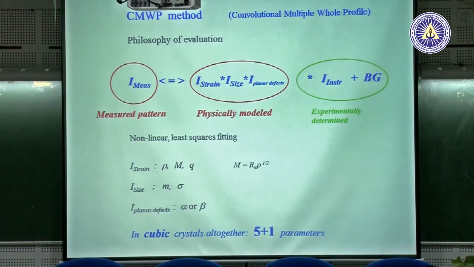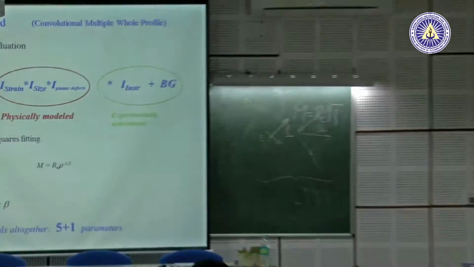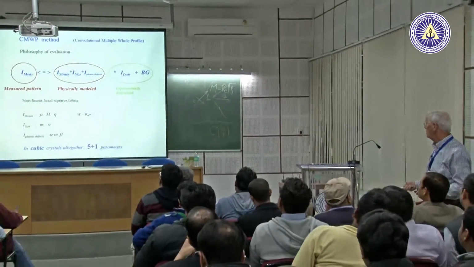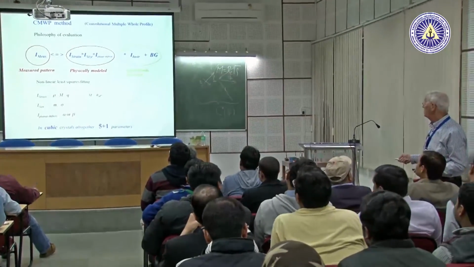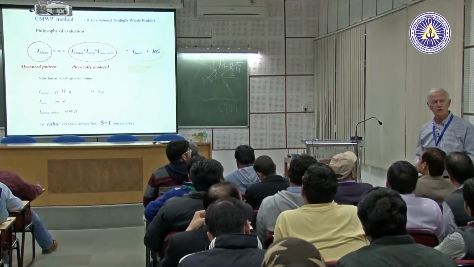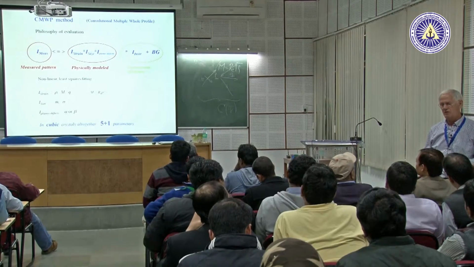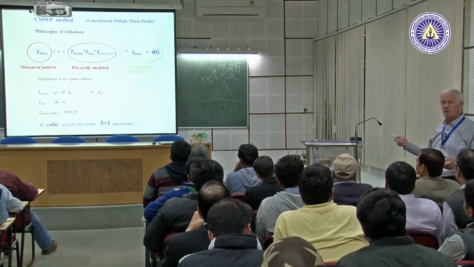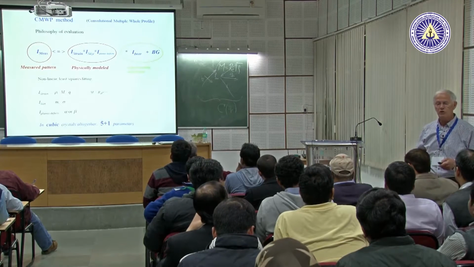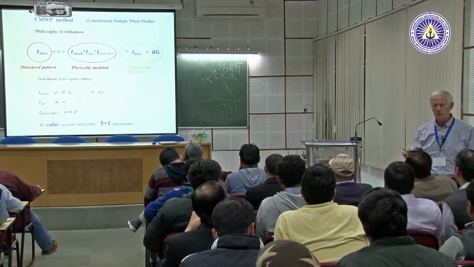And for planar defects, we have the frequency or the density of the planar defects. Recently, we have been working on the thorough update of the software. This has been put into a software called Convolutional Multiple Whole Profile, CMWP.